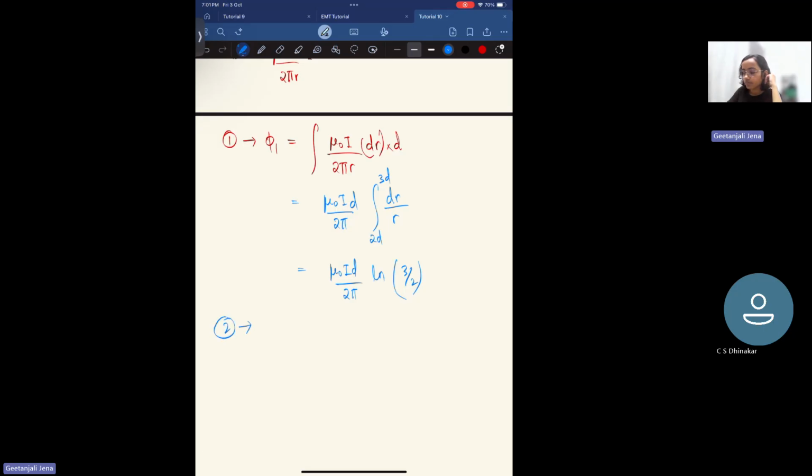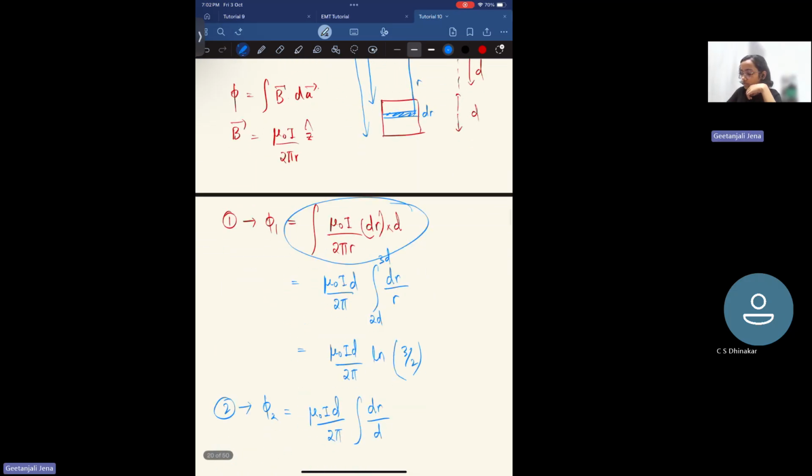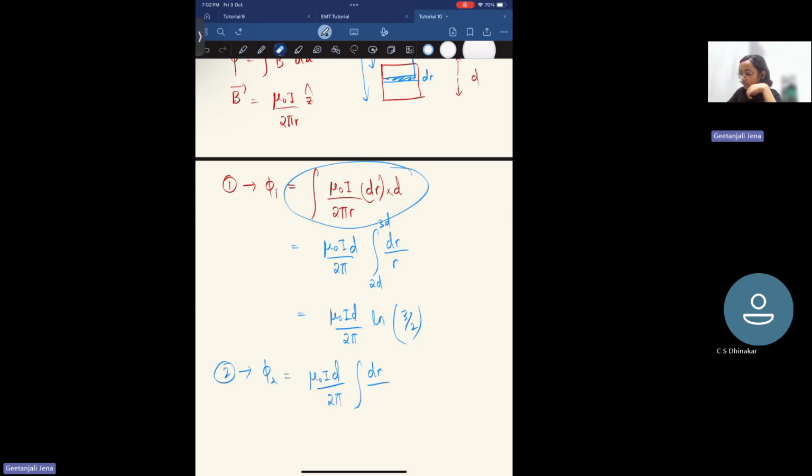For the second wire, this is phi 2, which is similar to what we have seen before. The expression should be same. Only the range of the r will change. So we'll get mu naught I d by 2 pi dr by r.